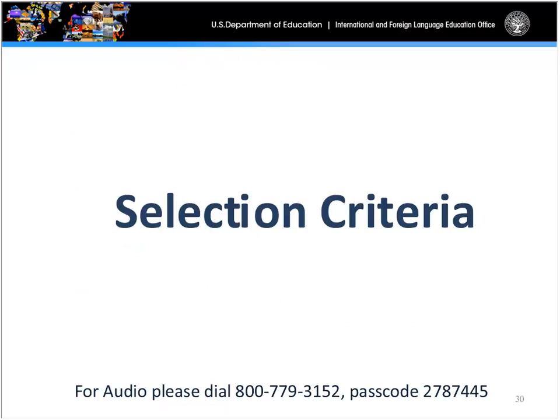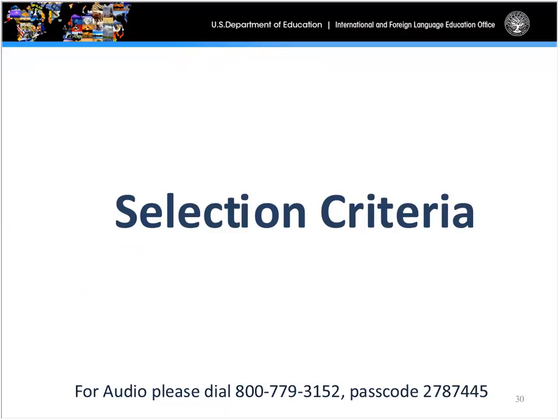So now the fun part, I'm sure this is the part everyone has been waiting for. This is essentially where the scoring comes in, and this is what you'll be scored on. Keep in mind that Ed employees do not score the applications ourselves. We use a team of subject matter experts in that world area to score the application.